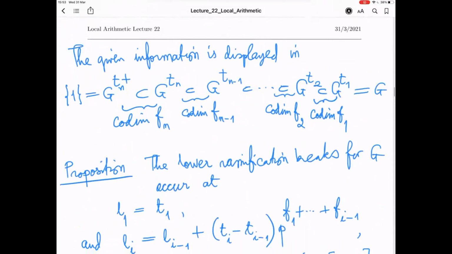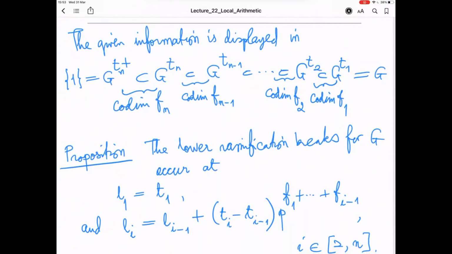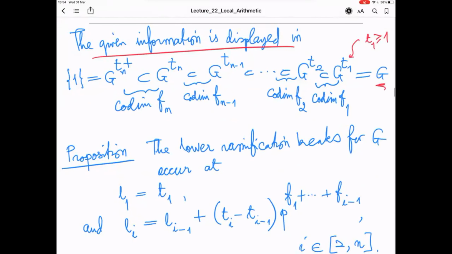So what is given to us is displayed in this diagram. We have the group G, which is equal to G^{t_1}, where t_1 is a strictly positive integer.